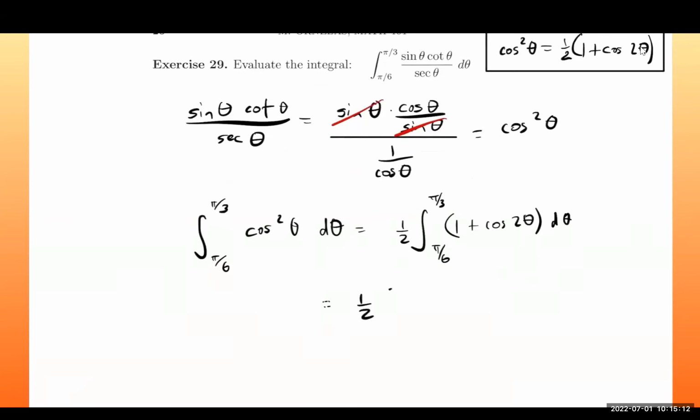Okay, so the antiderivative will be theta plus 1/2 sine 2 theta, from pi over 6 to pi over 3. Let's plug in pi over 3 first, and then we'll plug in pi over 6 next.